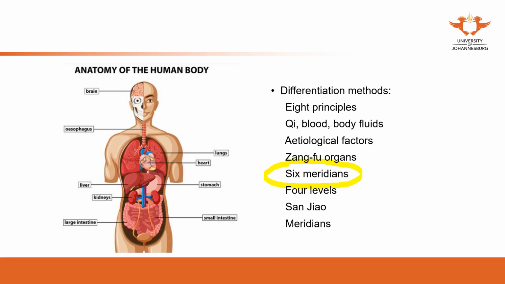That's because if you know the six meridian differentiation method, it can benefit your future practice. For instance, a patient comes to you with fatigue, cold limbs, cold hands, cold feet, and feels tired. From the six meridian differentiation method, we know that these manifestations are from Shaoyin disease or Shaoyin syndrome.